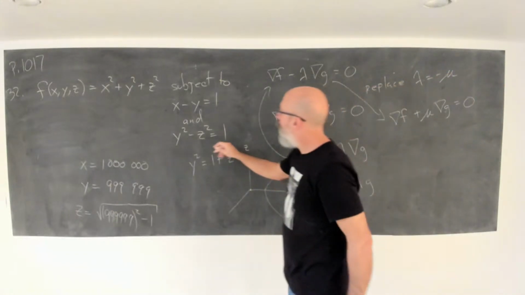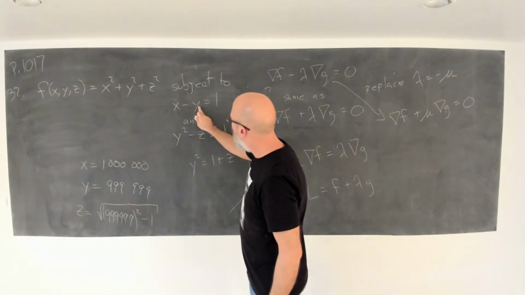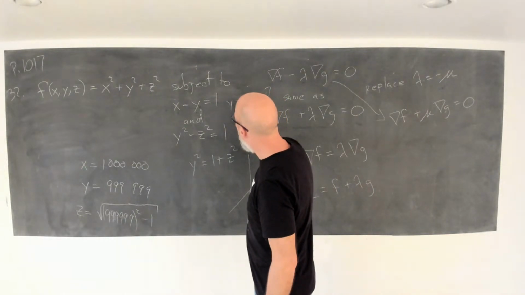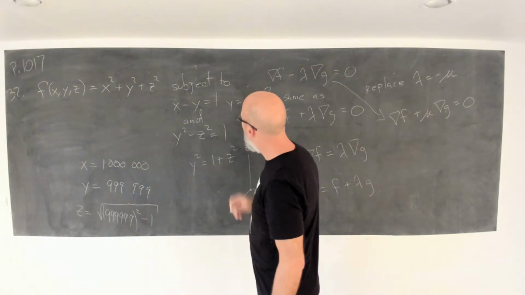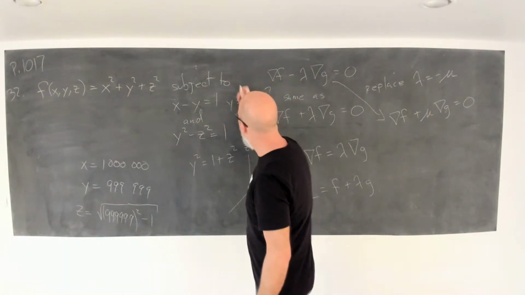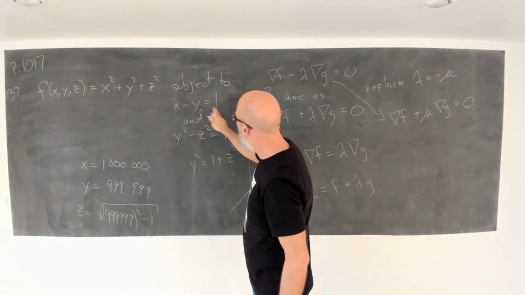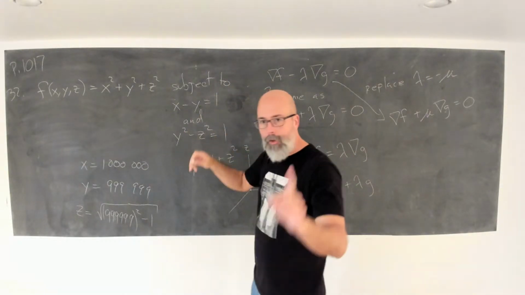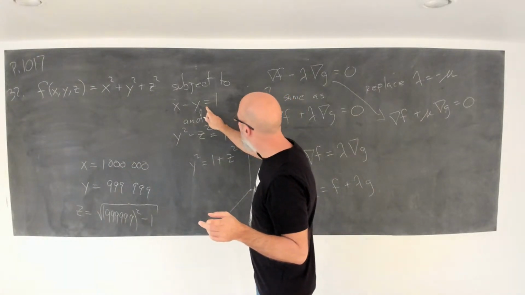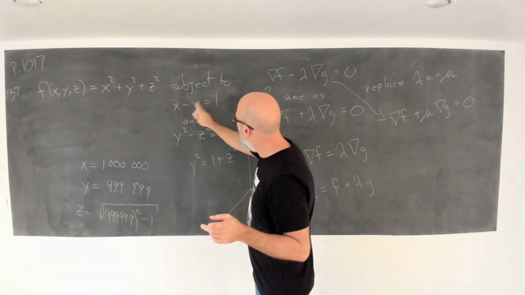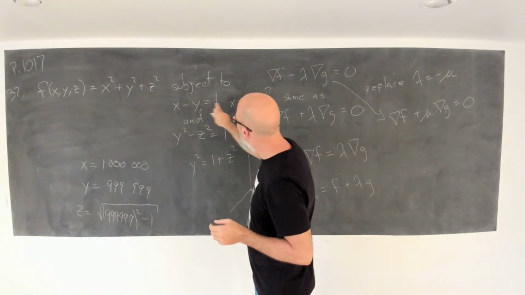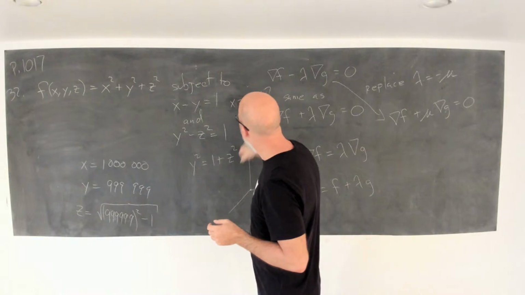Oh, you mean, I see what you mean. You're going to write this in terms of y. Probably what you want to do, so I think this is what Rick is suggesting here. You're going to write x in terms of y, so x is 1 plus y.